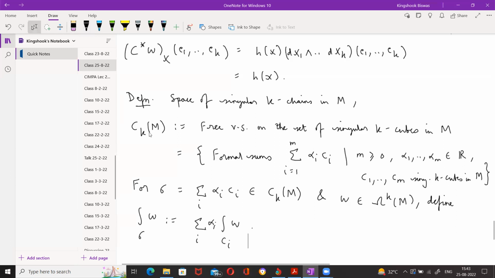So you have a function on a basis, it extends uniquely to a linear function on the free vector space, right?